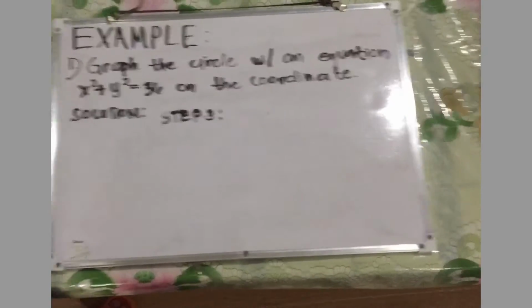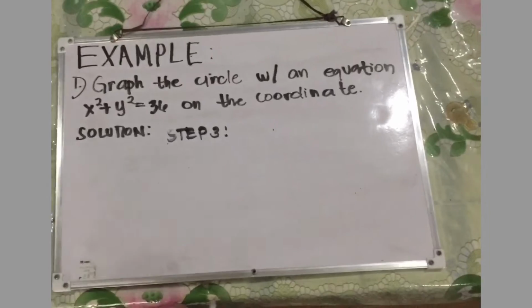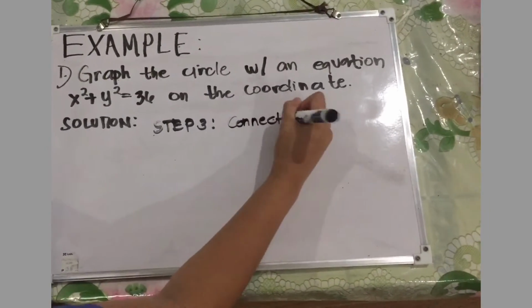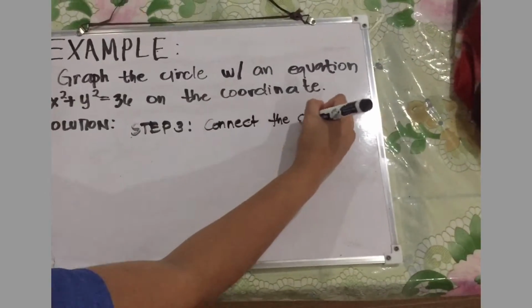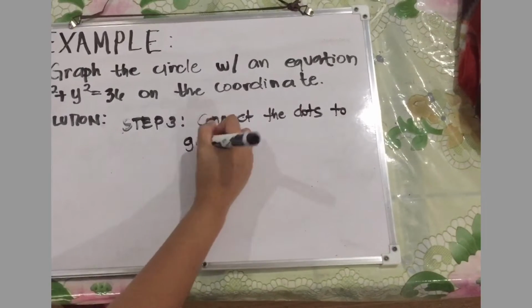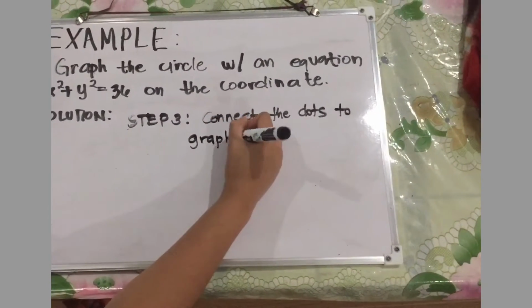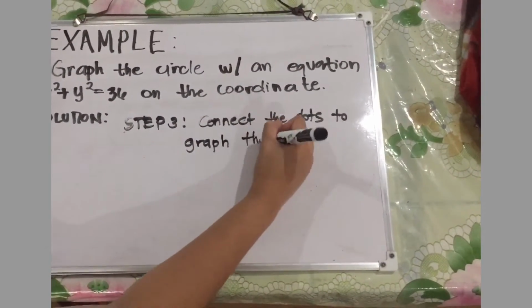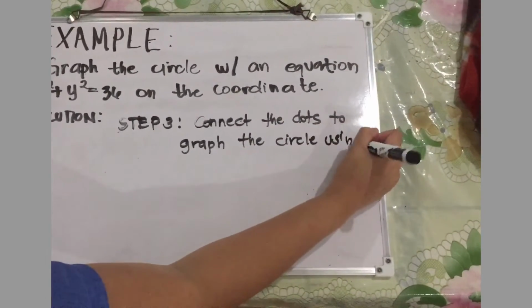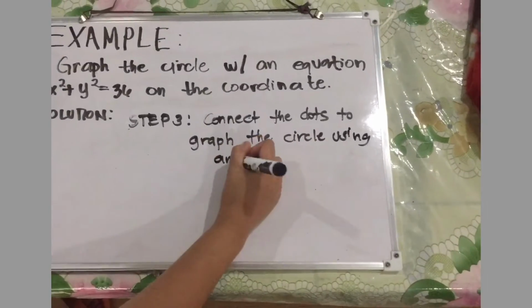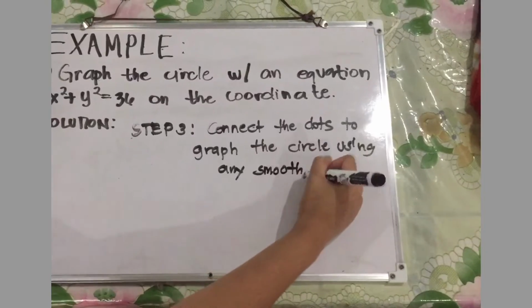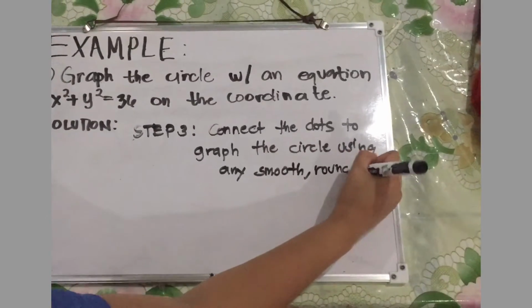So step 3, we need to connect the dots to graph the circle using any smooth, round curve.